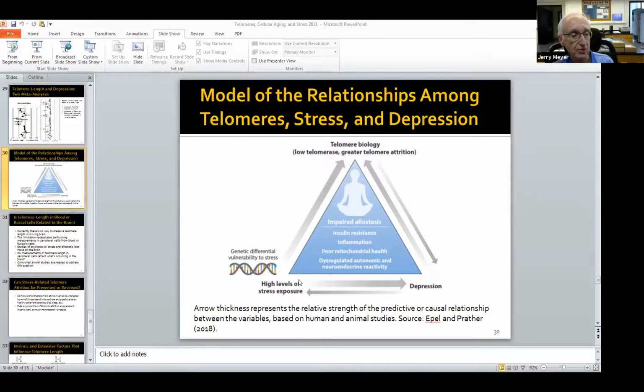Of course, high levels of stress exposure. And then telomere biology, low telomerase would contribute to telomeres not being able to have their length recovered as readily, and a greater rate of telomere attrition. So if you want to look at the details when you have access to the entire thing, you're welcome to do that.